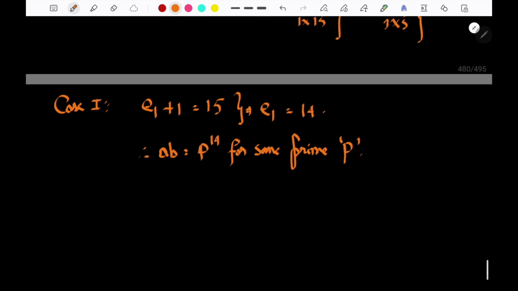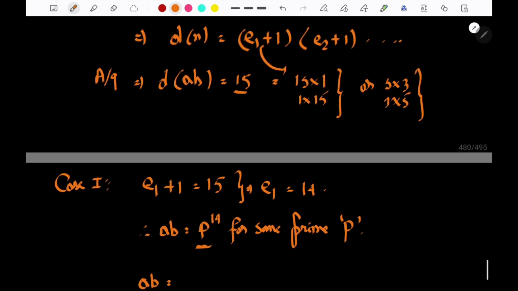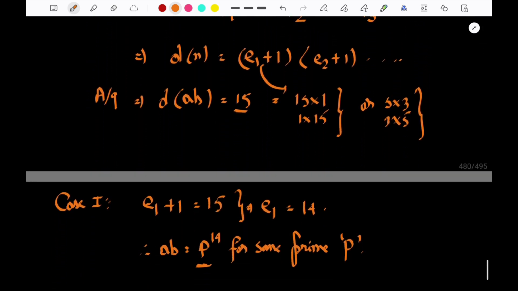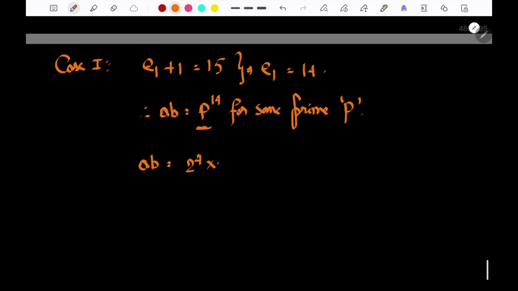Now, what is our expression? AB is equal to P to the power 14. But AB already is known by its prime factors. What were the prime factors? 2 to the power 4 into 3 square into xy.